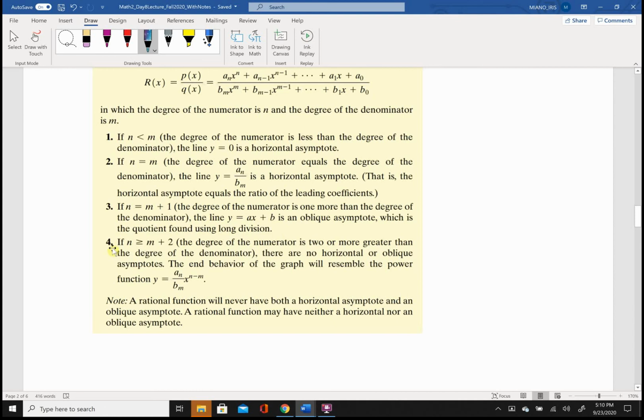And then lastly, our fourth and last case is going to be that the numerator degree is 2 or more than the denominator degree.